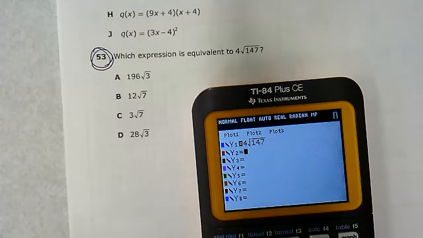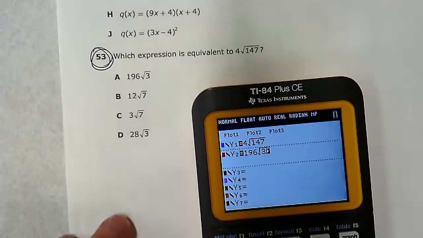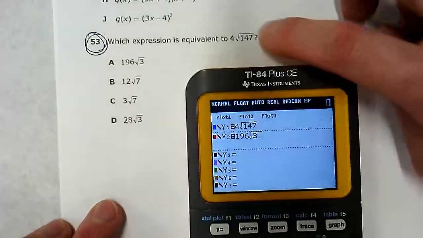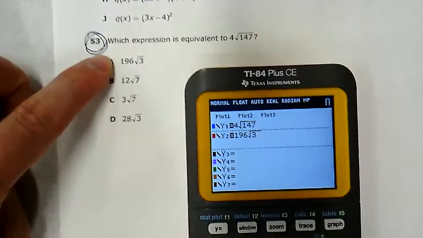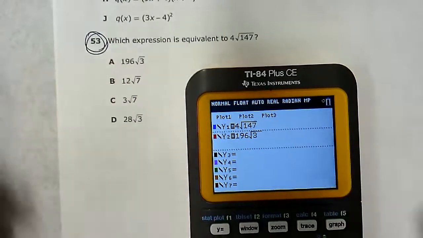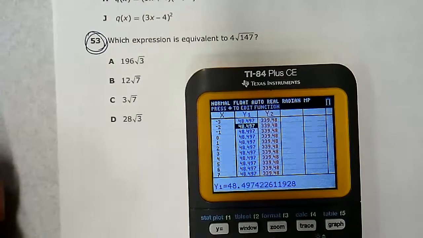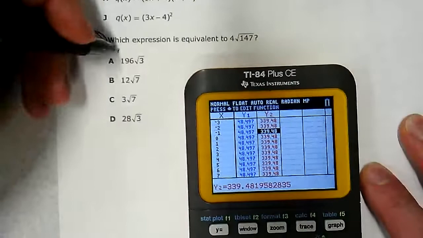Then I'm going to take 196 square root of 3 and type it into the calculator. There's what I was given in the question, and there's what I was given in my first answer choice. Do my tables look the same? They do not. So it's not A.